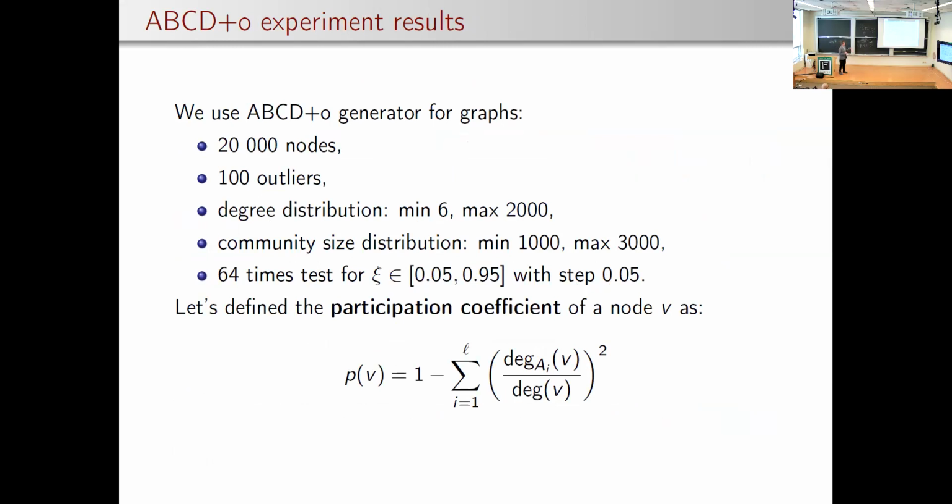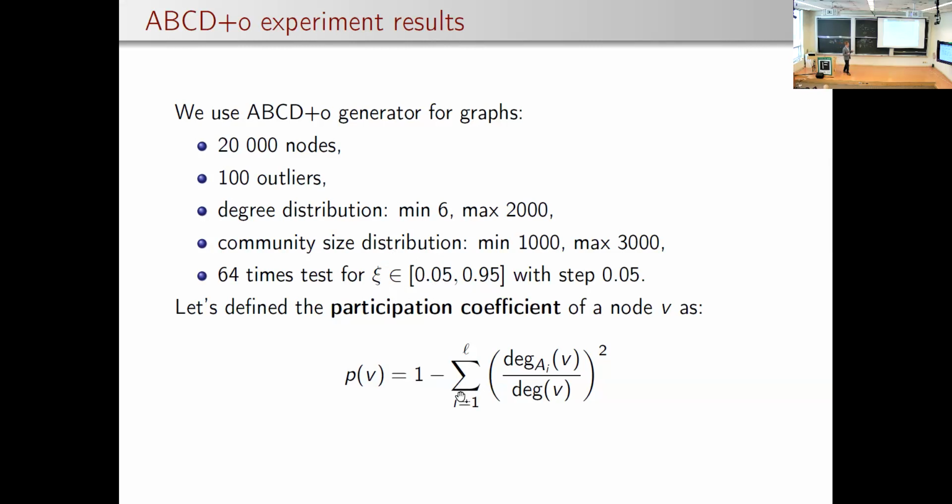Yes. And of course, we prepared some experiments for this with the ABCD generator, and we test how this score works when we change the noise level from this point to this point. So we want to check how it works at each level. For comparison, we also produce something called the participation coefficient, which is also a kind of score for outliers.